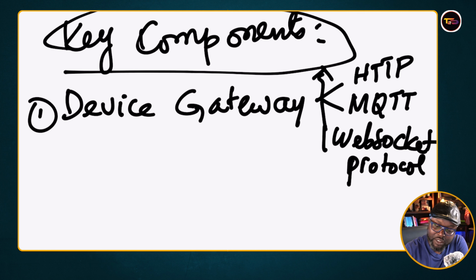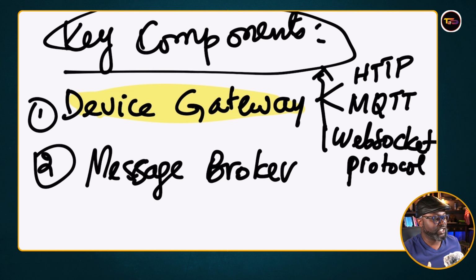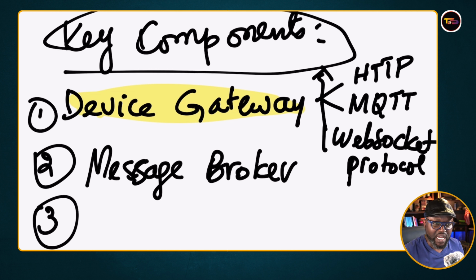That's number one. Number two, you're going to need a message broker. A message broker is a component that routes messages between devices and applications. It's like the middle man, which enables the devices connected to your account to communicate among themselves and also with the applications.